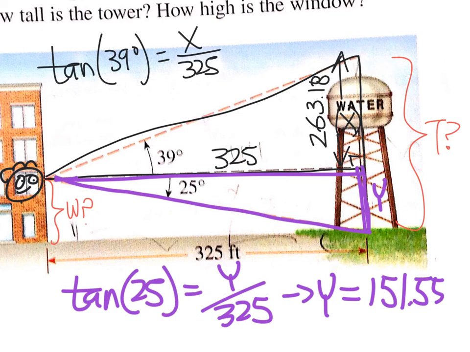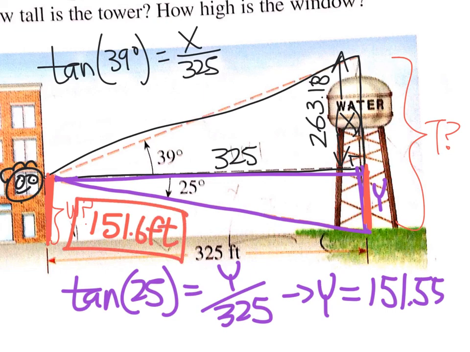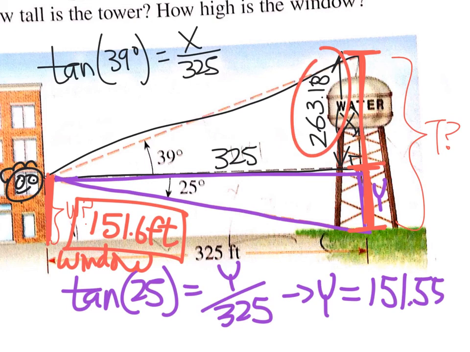Okay, so to actually answer our question, what is the height of the window? Well, the window is this high off the ground, so that would be 151, and I'm just going to use one decimal place, 151.6 feet for our window. And how tall is the tower? So from here to here, and you will notice that it is the sum of our 263.18 and our 151.55.